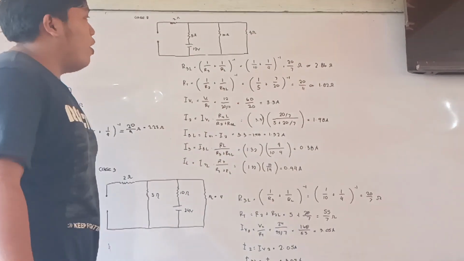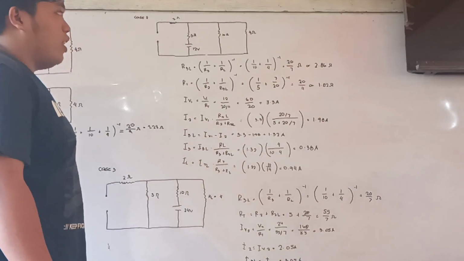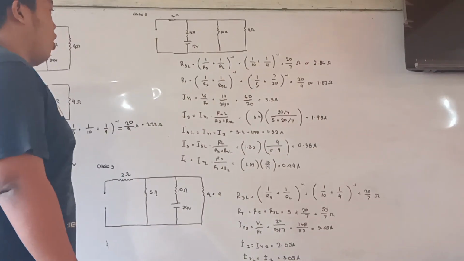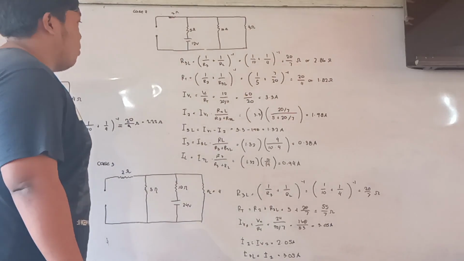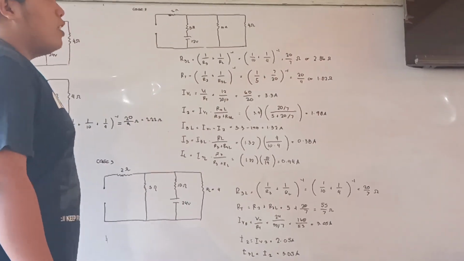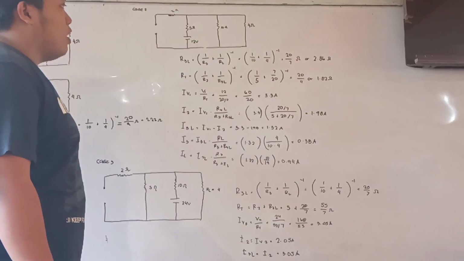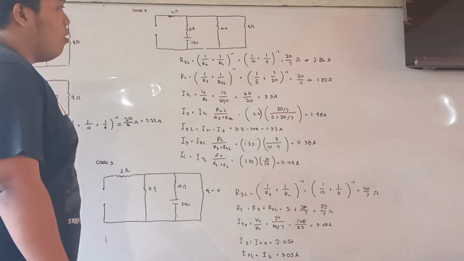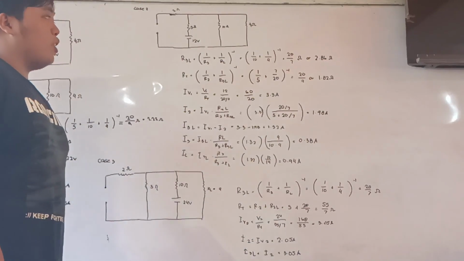Substituting, 1 over 10 plus 1 over 4 to the negative 1 is equal to 20 over 7 ohms or 2.86 ohms. Same with R total is equal to 1 over R2 plus 1 over R3L to the negative 1. Substituting, 1 over 5 plus 7 over 20 to the negative 1 is equal to 20 over 11 or 1.82 ohms.